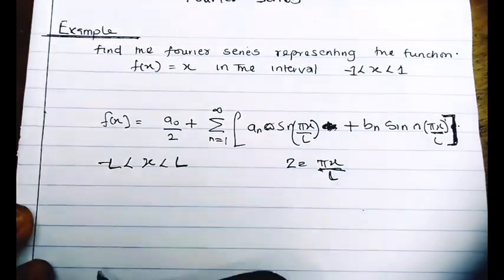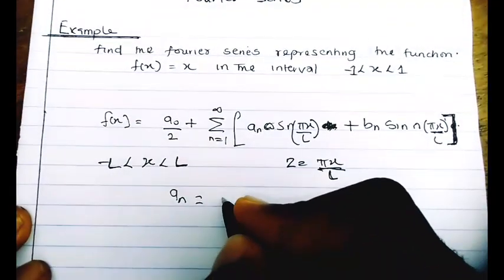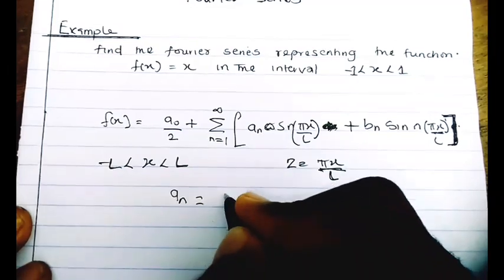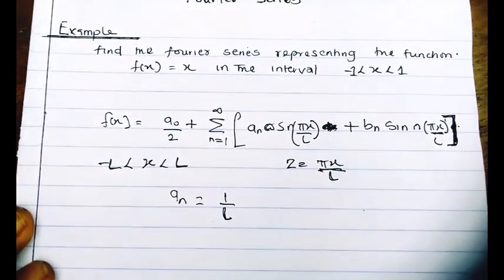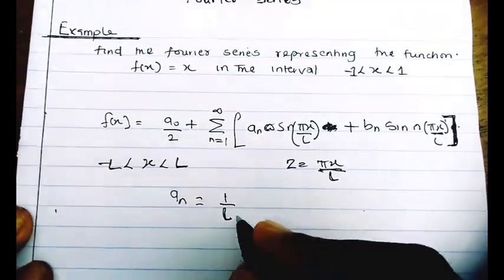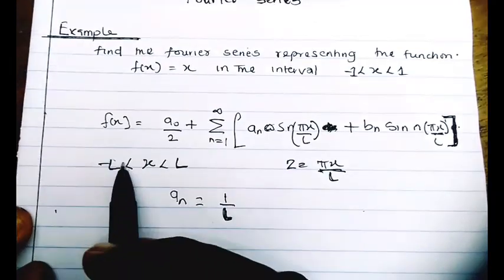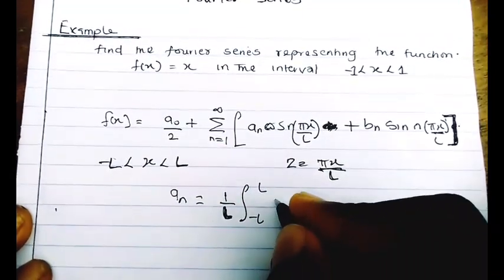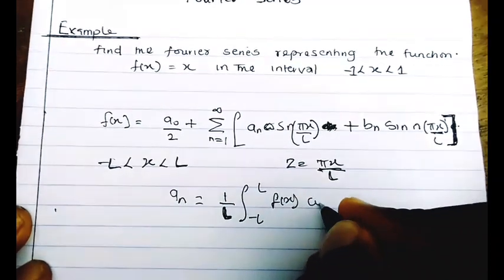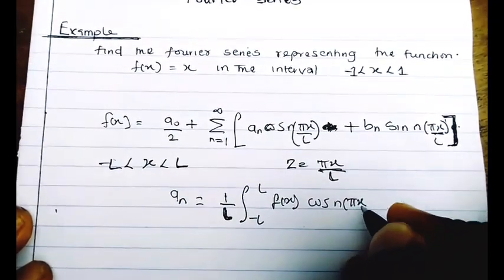Now an is 1 over l. In our last video, we said that for the standard Fourier series the formula for an is 1 over pi, but in this case it's 1 over l, taking the interval. So this is 1 over l, integral from minus l to l, of f(x) cos n pi x over l.